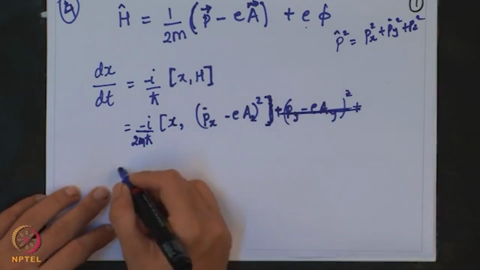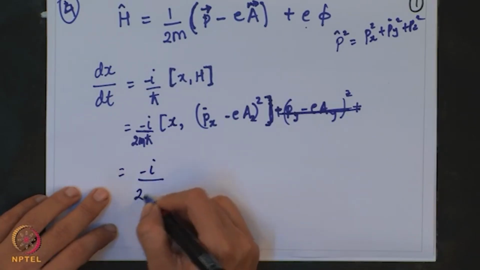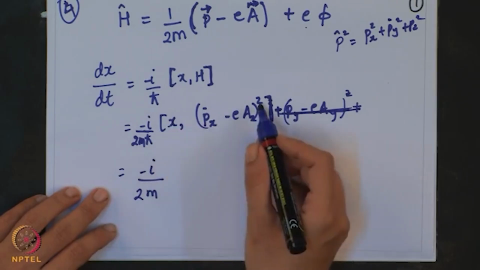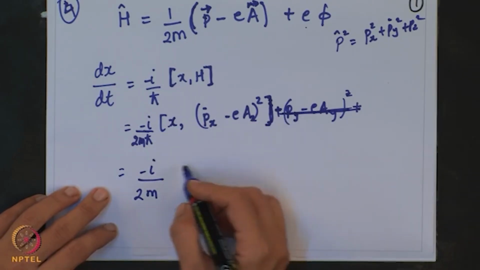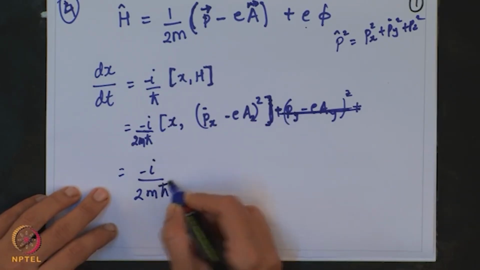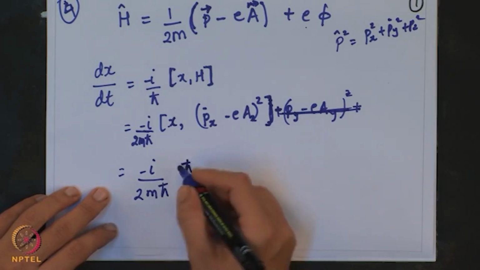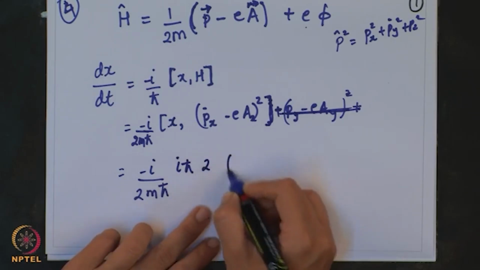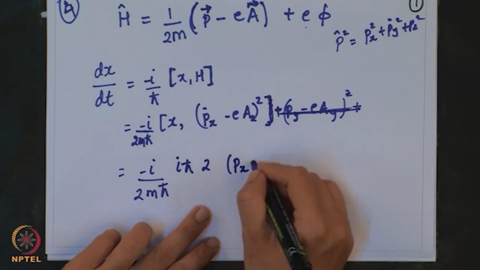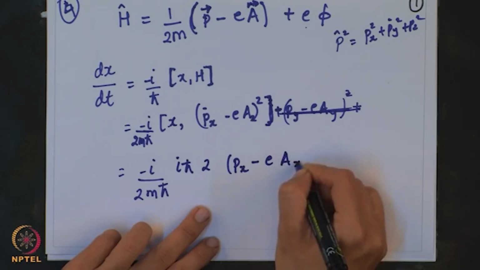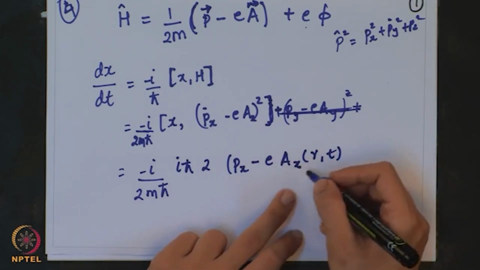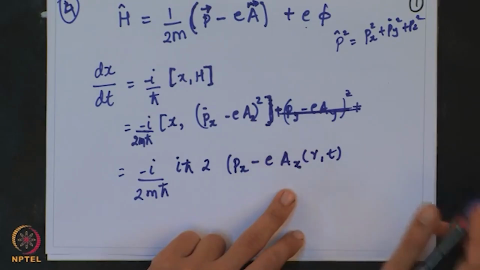So, let us drop the other terms. Minus i upon 2m, the commutator of x with p square we know was 2 i h cross px. Similarly, I will have i h cross times 2 (px minus eAx), where A is a function of r and t, that is, A is a function of x, y, z and t.